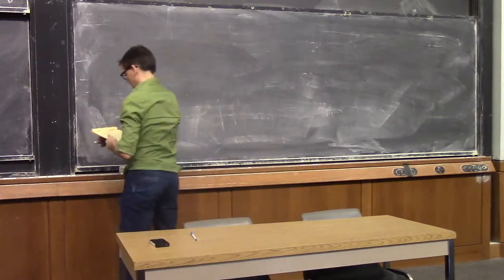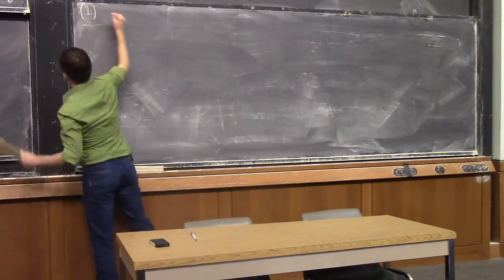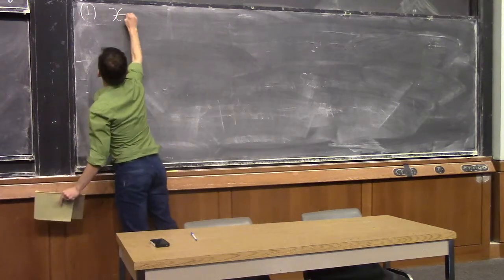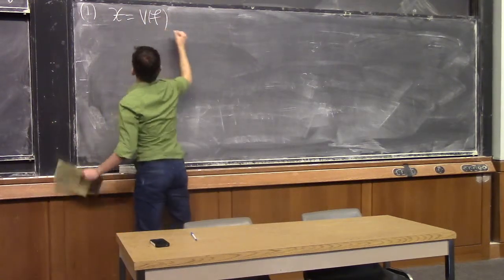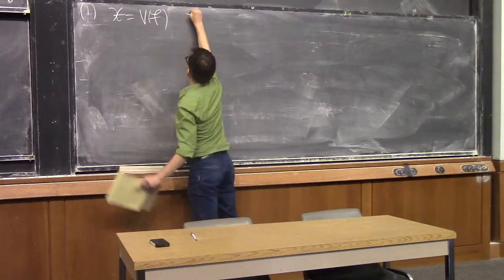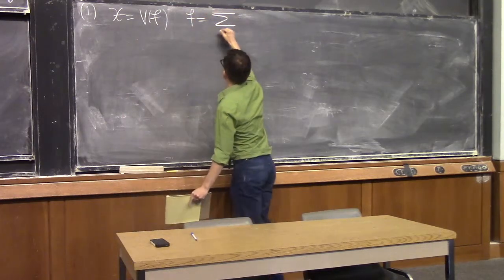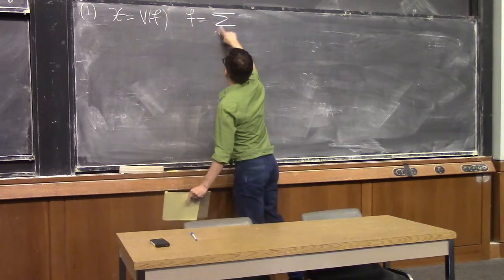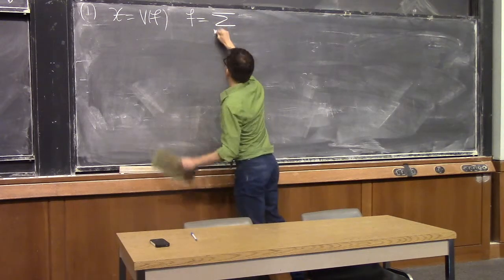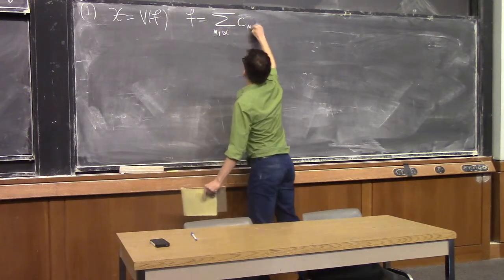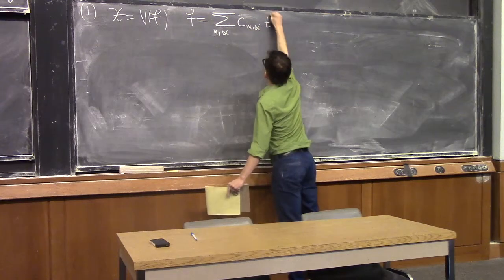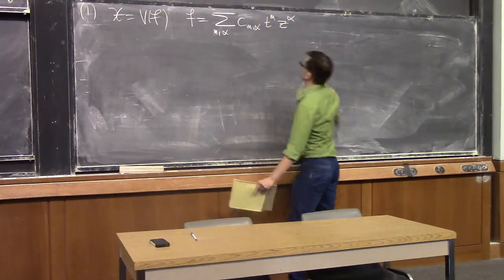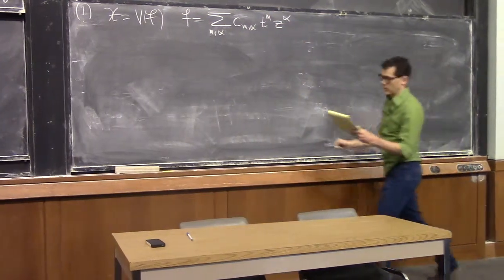Let me do it in the same pedestrian way. X is equal to V(f), where f is a Laurent series, which I write as a sum over (m, alpha) of c_{m,alpha} t^m z^alpha.